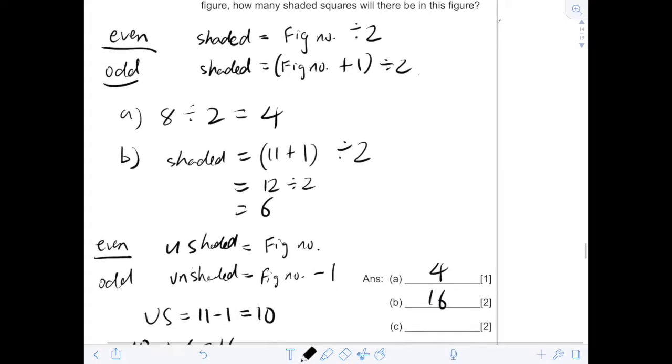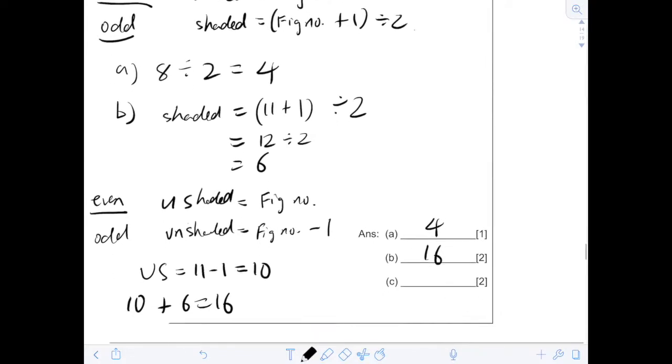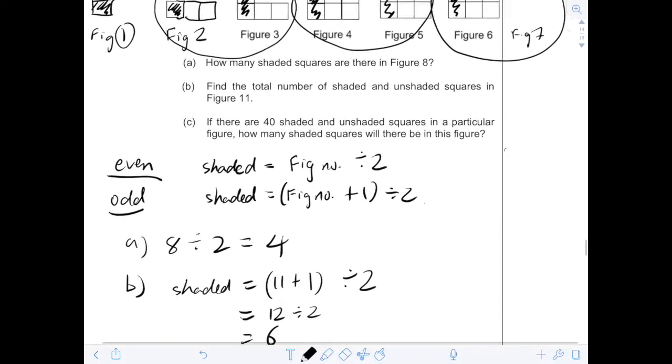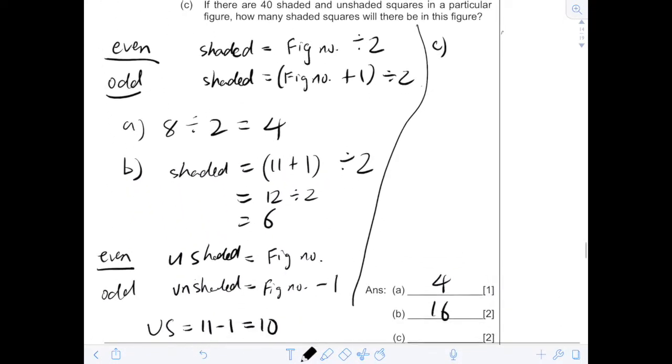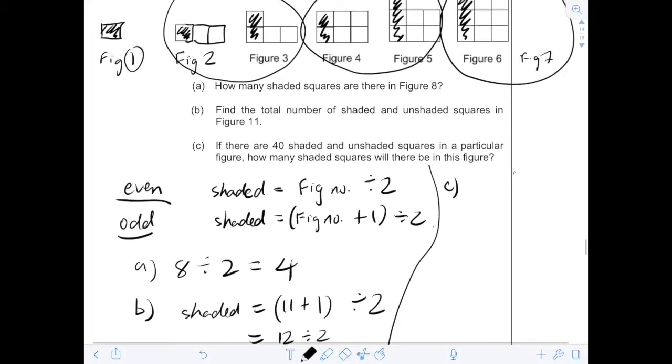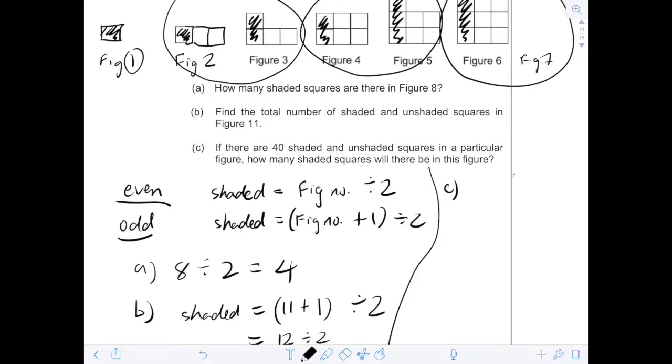Alright, so for part C, the answer will be like this. 39 divided by 3.